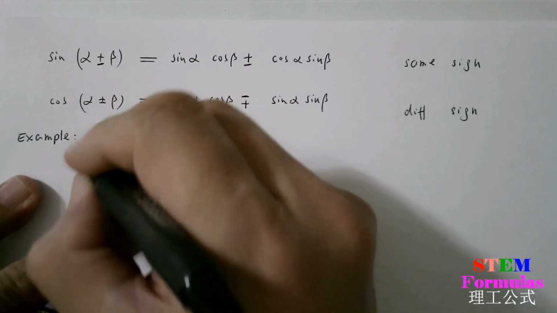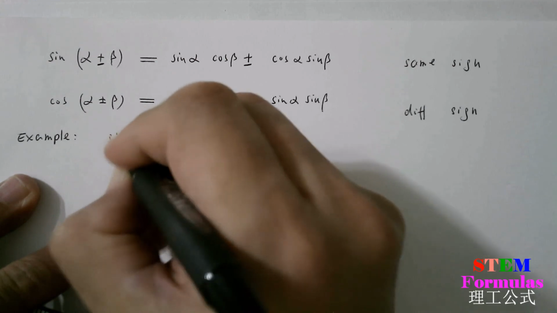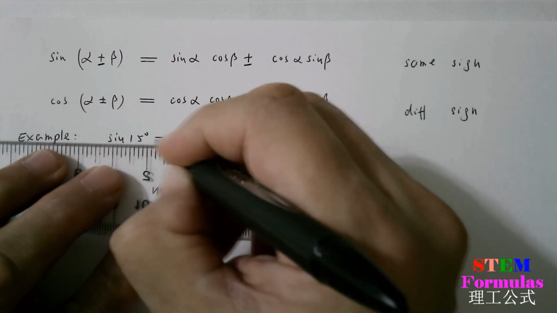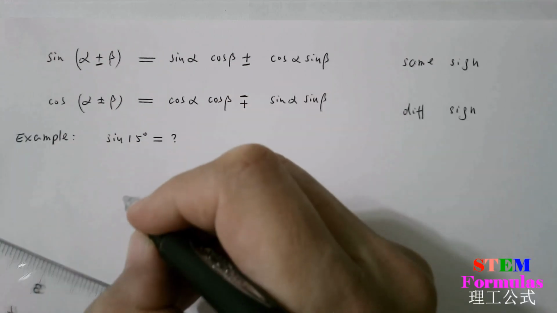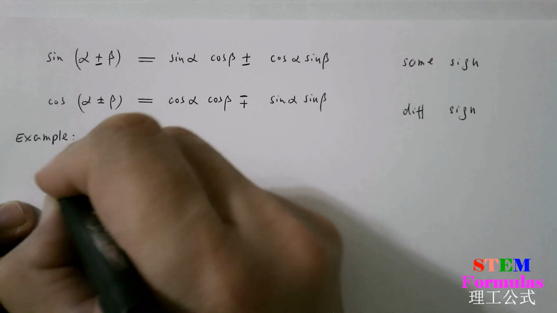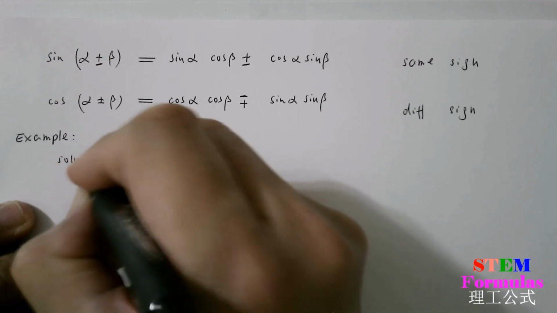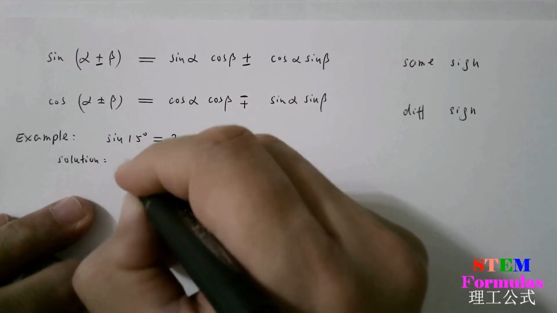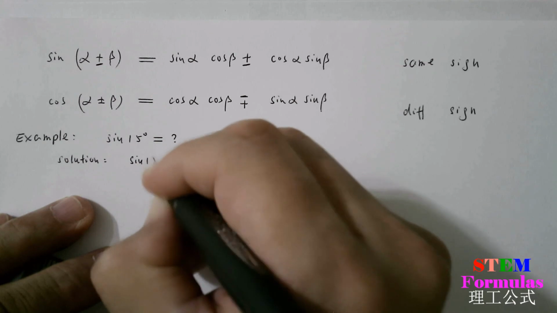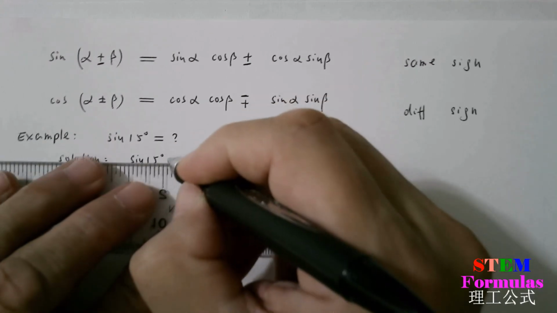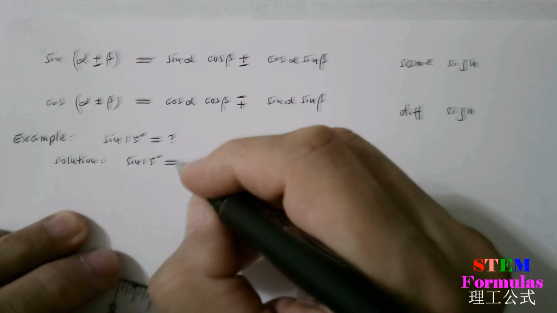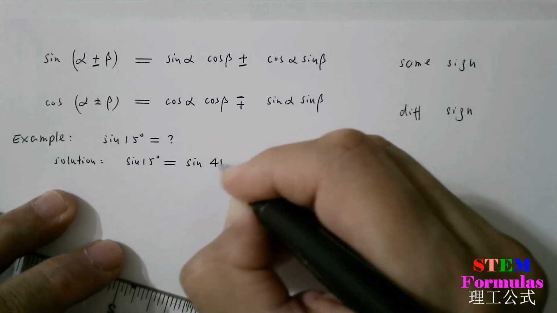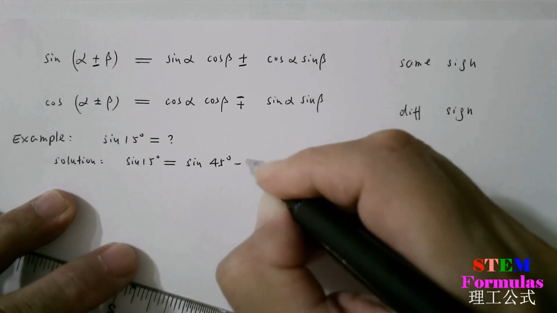What is sine 15 degrees? So the solution is this. If we don't use a calculator, the solution for this problem is sine 15 degrees equals sine of 45 degrees minus 30 degrees.